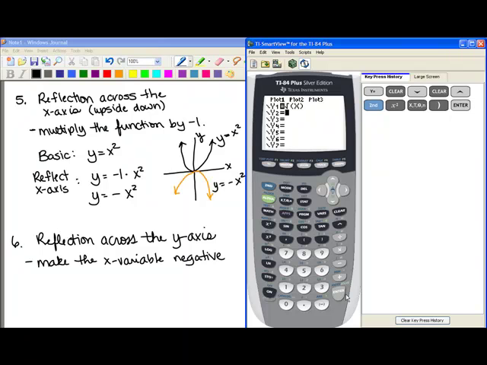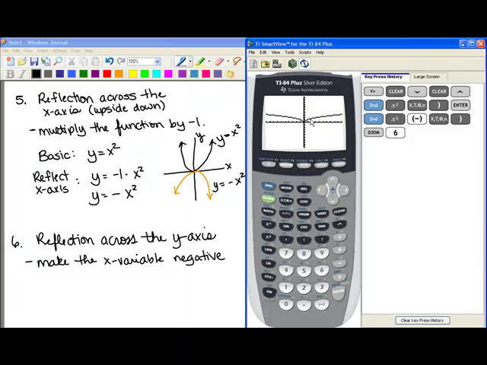Okay, so you enter that in. And the other graph is the square root of x with a negative x underneath the radical. Okay, so when you get those entered in, I'm going to hit zoom, number 6.